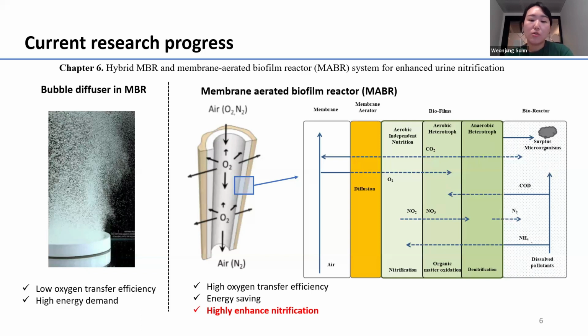However, due to the anoxic zone in the outer layer of the biofilm, denitrification can easily happen under high COD concentrations. As such, this study will focus on the initial COD removal in MBR system and the following MABR system for effective and faster nitrification.